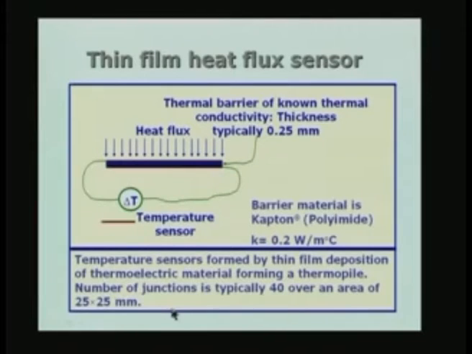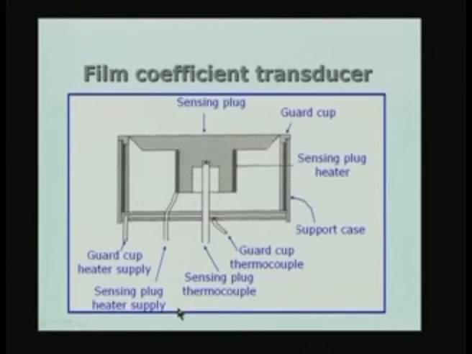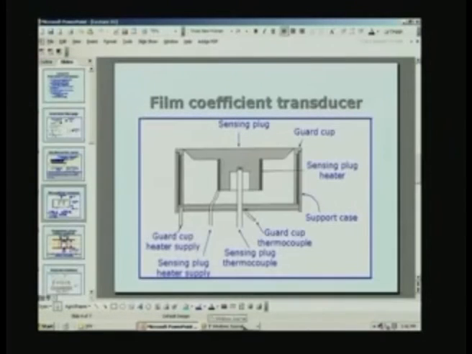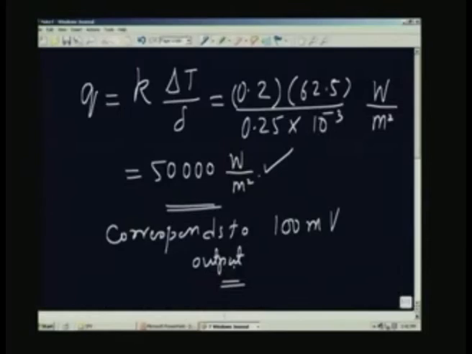So, having looked at some of these simple instruments, let us look at now the measurement of heat transfer coefficient. So, a film coefficient transducer is an instrument which can be used for measuring the heat transfer coefficient, and before I describe in detail, let me just go back and talk about what is involved in this.